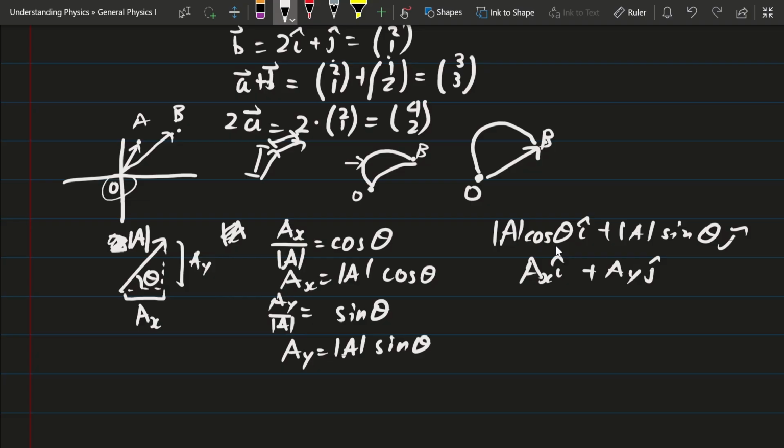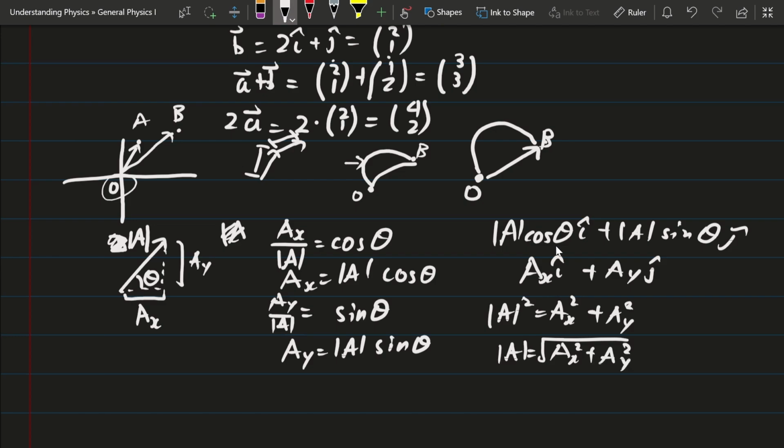If you look at the AX and the AY, you can see that this is the Pythagorean theorem, which is basically the length of A squared is AX squared plus AY squared. So you know the length of A to be the square root of AX squared plus AY squared.